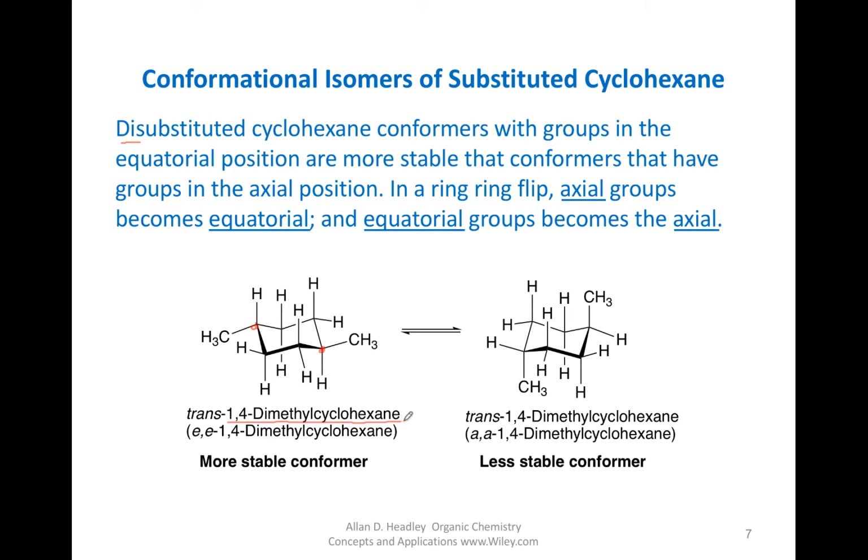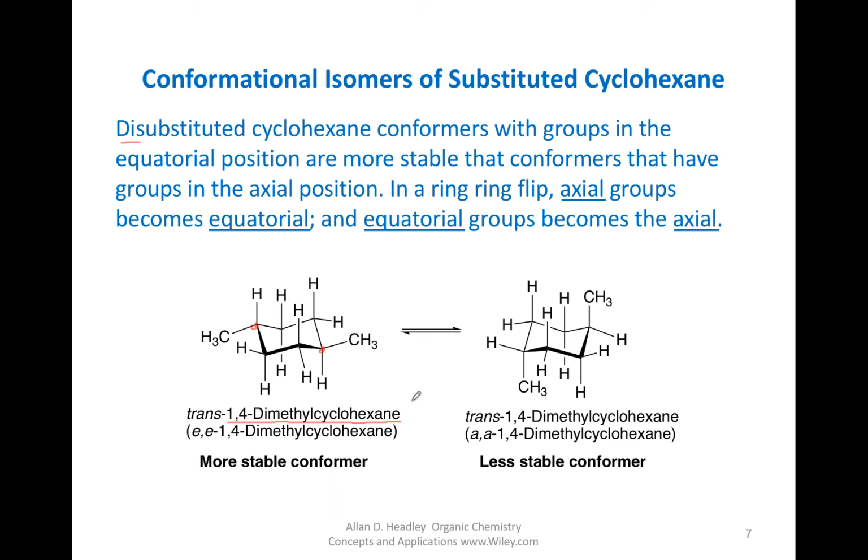However, since they are conformers or isomers, they are really different molecules, even though they differ slightly, but they are different. So therefore, we should have different names for these conformers. Let's see how we can name them.